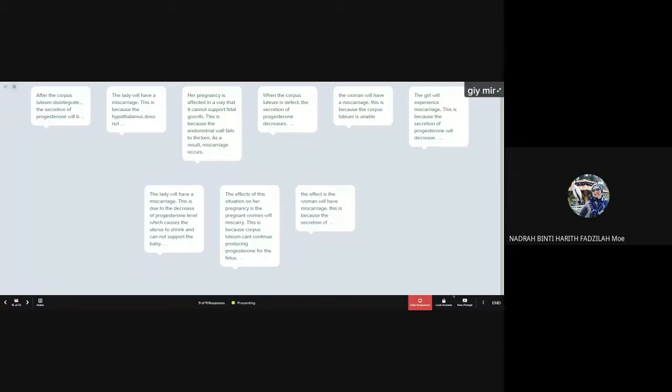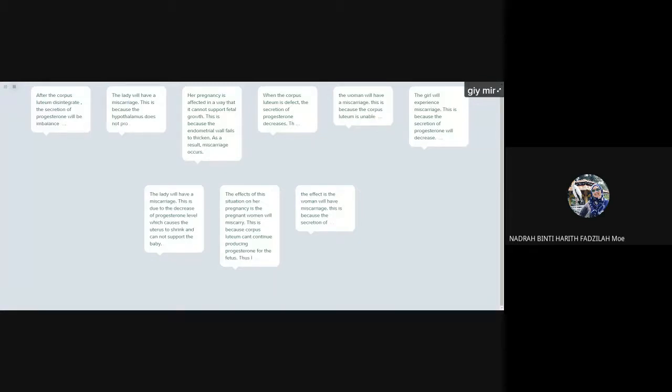Miscarriage, keguguran, because the corpus luteum no longer secretes estrogen and progesterone. If you don't mention that one, you can also say the endometrium will start to shed. Boleh. Endometrium starts to shed, or shedding of the endometrium wall, or thinning, penipisan of the endometrium wall, is also fine.